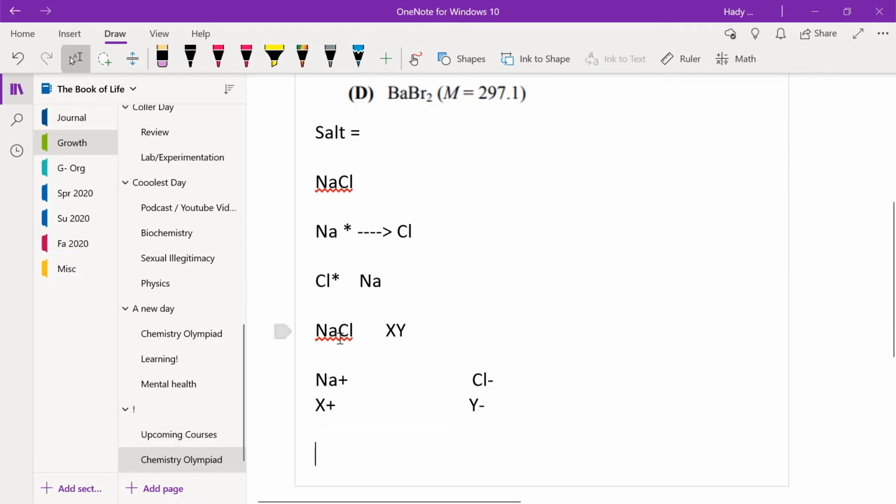Now, since they're separated from one another, it's very easy actually. Sometimes the Na will come back to the Cl. Or maybe the Na will come to the Y, because the Y has the same attractions that the Cl had. It has the extra electron.